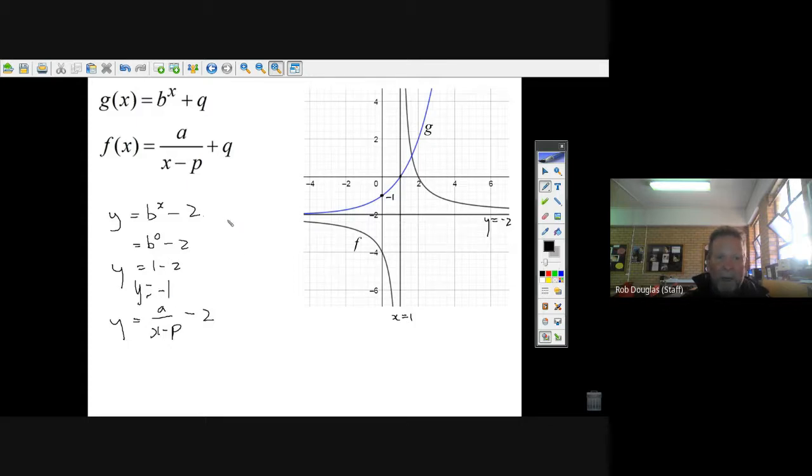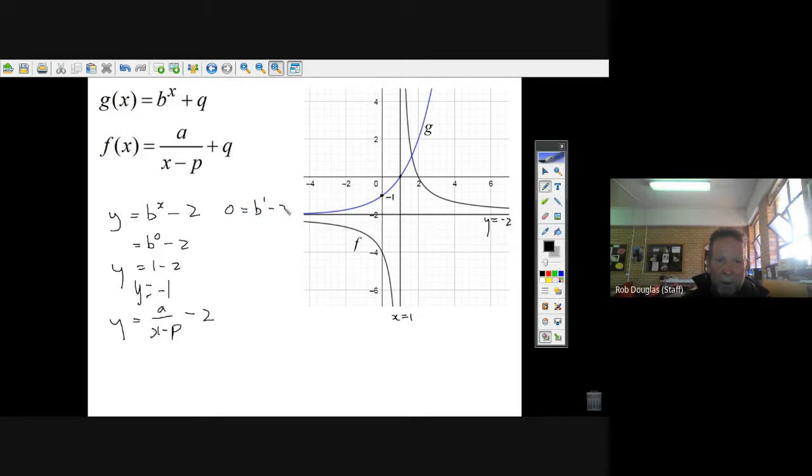But say we were asked, okay, can you figure out what b is? Can you show by calculation? Well, it's just a matter of substituting in a point. I know that it goes through x is 1 and y is 0, so I'm going to put in y is 0, but x is 1.